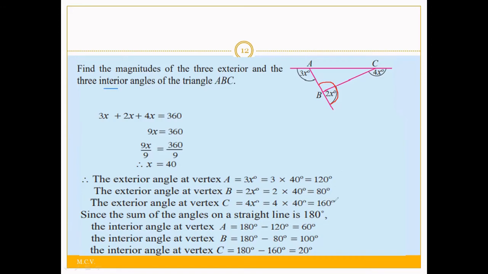So let's subtract all the three angles from 180. 180 minus 120, 180 minus 80, 180 minus 160. So the answers are 60, 100 and 20. So what are the three interior angles? The three interior angles are 60, 100 and 20.